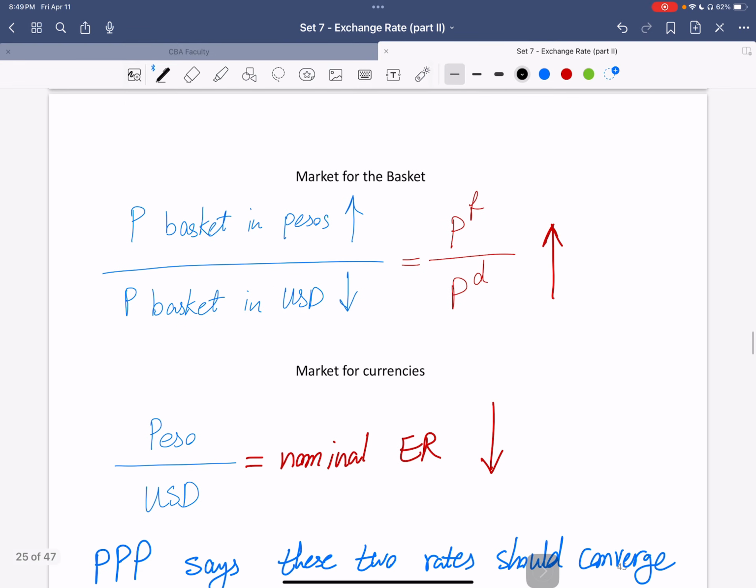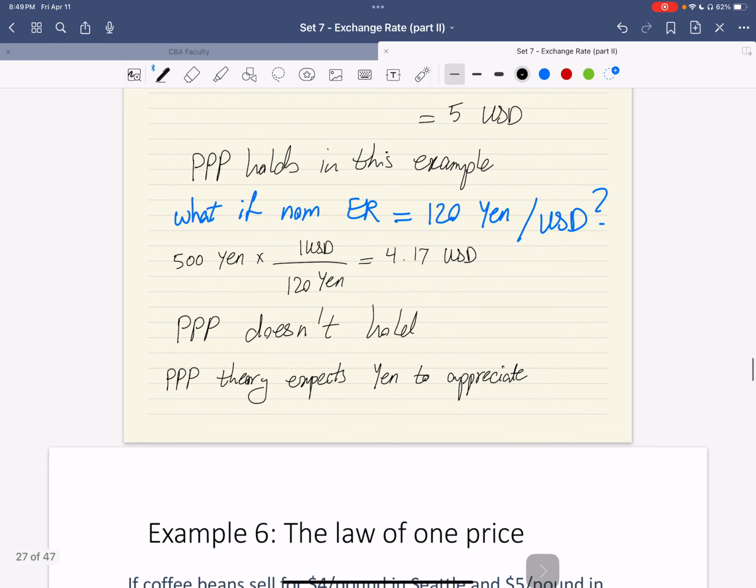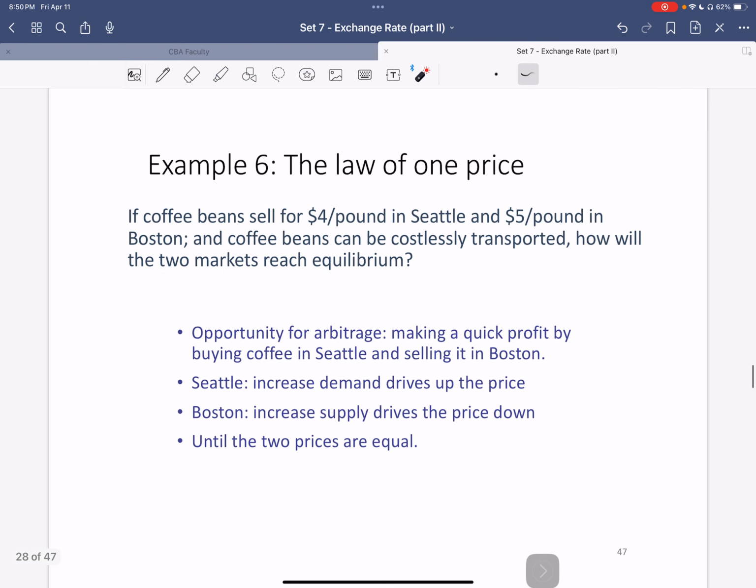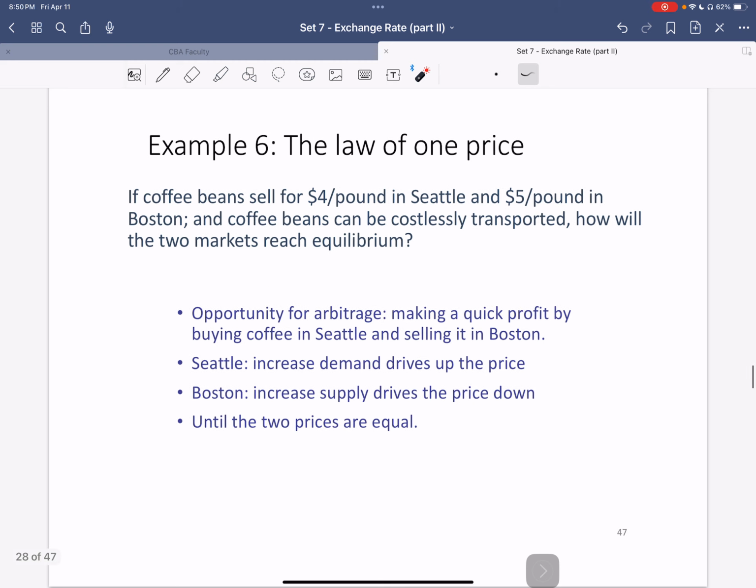It expects yen to appreciate over time until this price gets closer to $5. Arbitrage can help this happen. Okay, so let's look at another example.